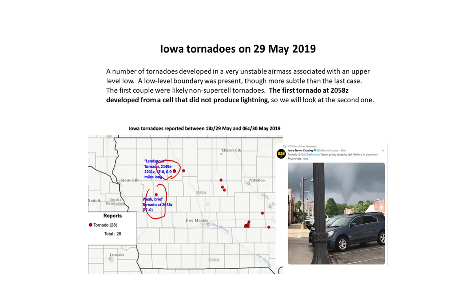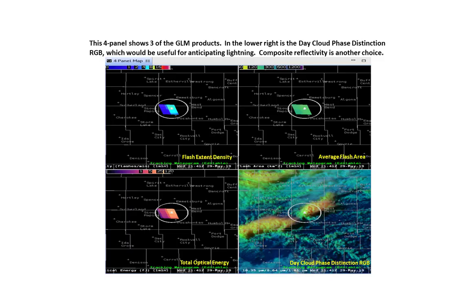We did look at this tornado, which is the one in the picture. And again, we're going to look at a 4-panel. This time, this 4-panel makes a little more sense. If you didn't want to look at all the different lightning things, this is total optical energy and average flash area. And I think from what we found, probably flash extent density is the most useful.